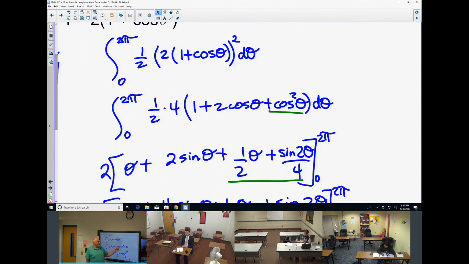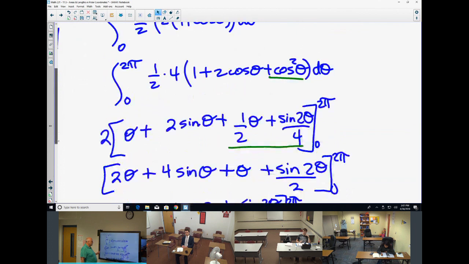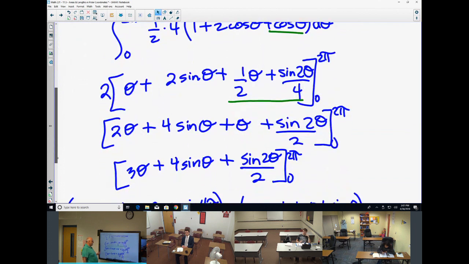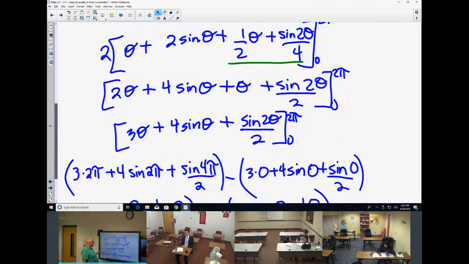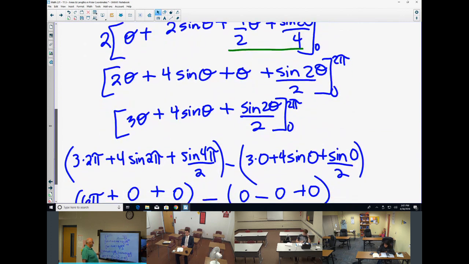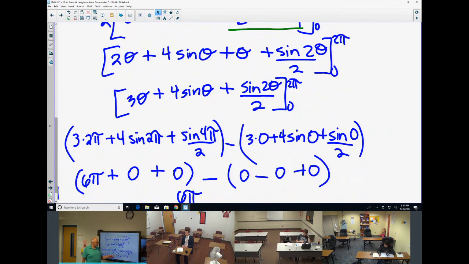And then the integral of cosine squared theta, I looked that up and got that. And then you plug in the 2 pi minus when you plug in 0. Actually, it looks like I simplified here first, combining like terms, distributing the 2. Then once I plug in, everything goes to 0 except the initial 6 pi. And so that's the answer.